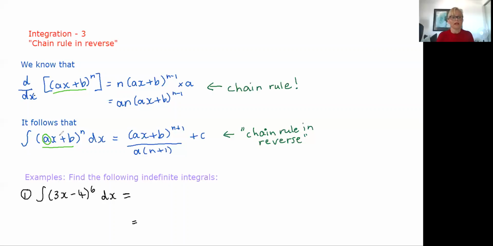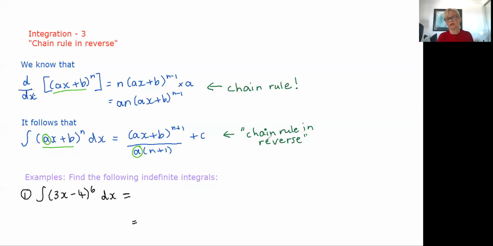So imagine if we had x to the n and we were integrating, we would increase the index by 1 and divide by the new index and have our constant term coming in there. The only difference here is that we need to also divide by the derivative of that linear function.